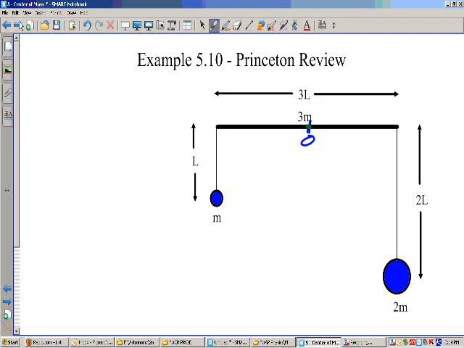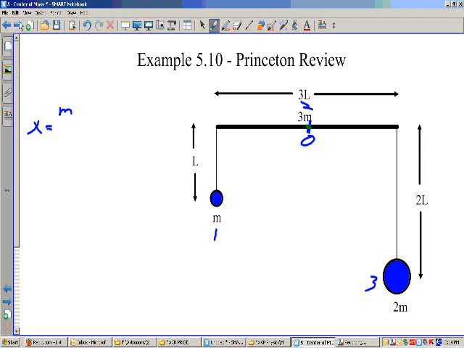And we'll work the calculation. To get my x coordinate, I want to take the mass times its x distance from my origin. I'm going to start with that one, then go to this mass, and then mass number 3. So I have a mass of m.